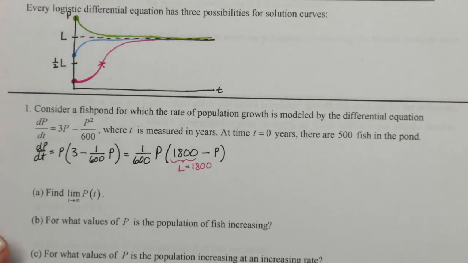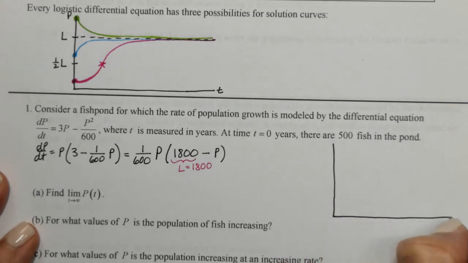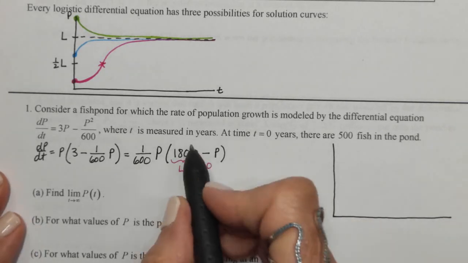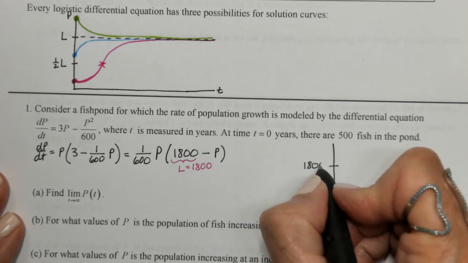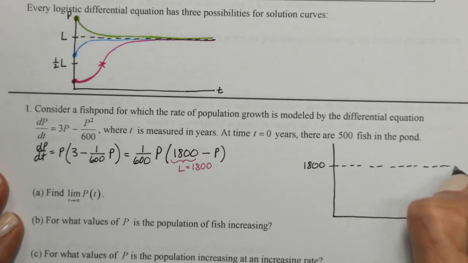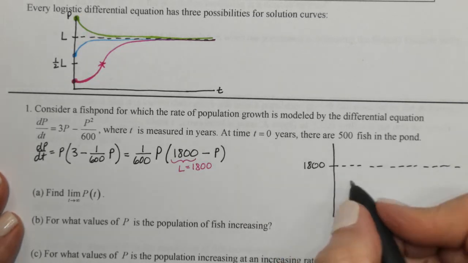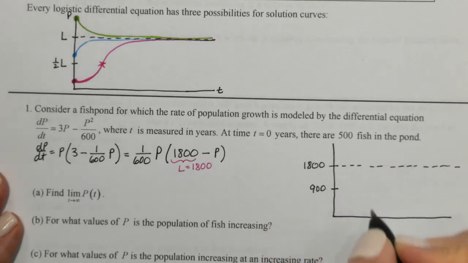So when we graph this, and we always want to graph these, I know my L value. L is right here, and it's 1800. That is my end behavior, horizontal asymptote. Another key number is always 1/2 of L. Half of L here is 900.